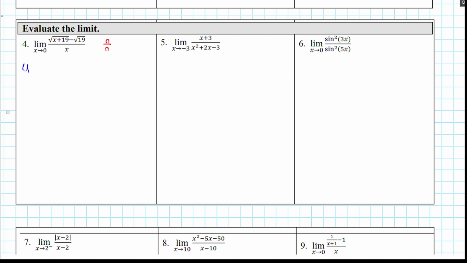So let's rewrite the limit as x tends to 0 of square root x plus 19 minus square root 19 over x. Can we rationalize the numerator here? So we multiply by square root of x plus 19 plus square root of 19, over square root of x plus 19 plus square root of 19.